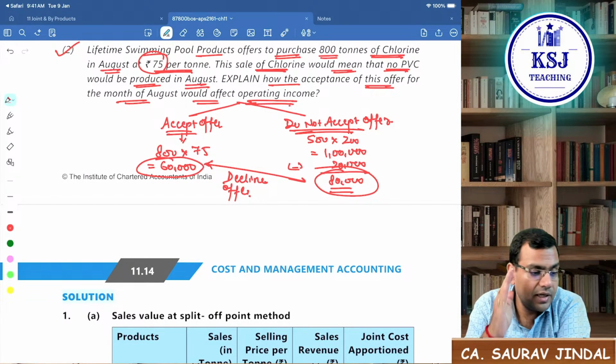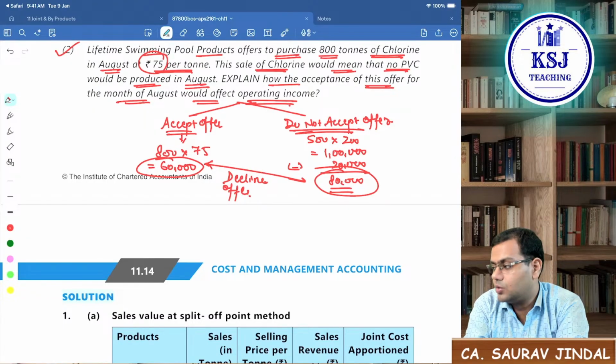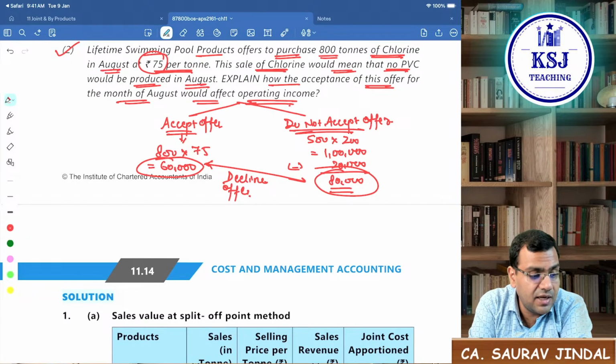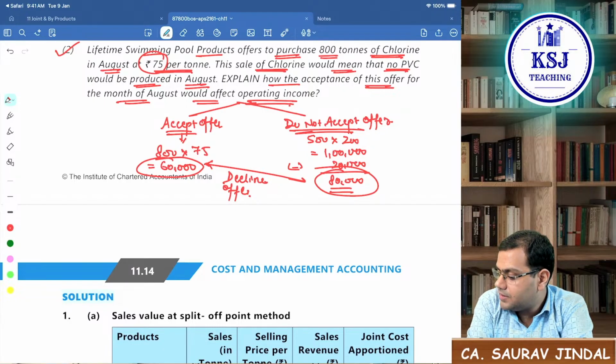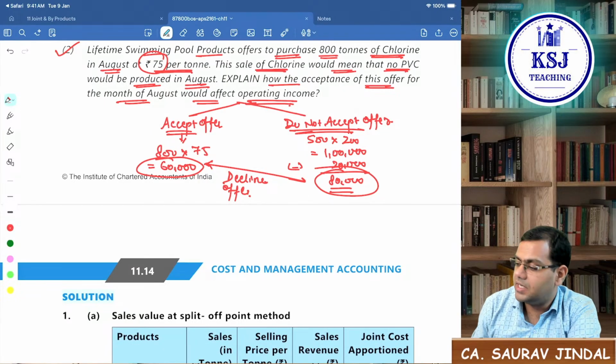Is this question clear? Any doubts in this? Now, this is a very, very, very important question from examination point of view. I'm saying again and again that this can be repeated. Yes, please let me know if this is clear to you people.